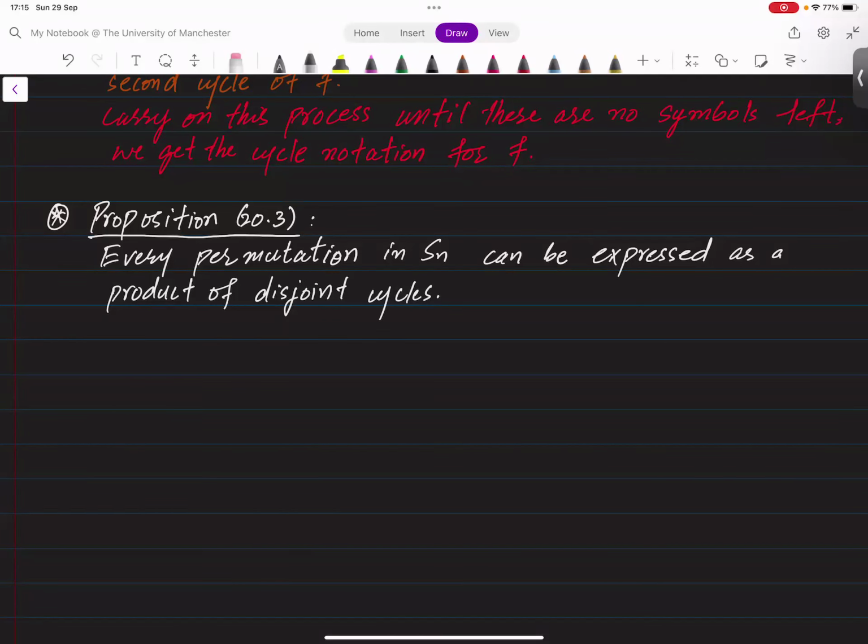And we have just proved this proposition by the above paragraph.